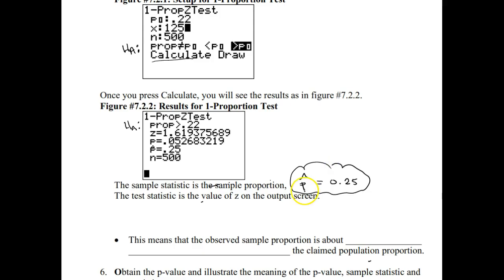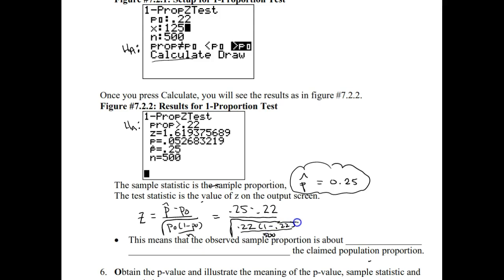And then the standardized test statistic, the z-score: if we actually computed p hat minus p0 over the square root of p0 times 1 minus p0 over n, we would get 0.25 minus 0.22 in the numerator, and in the denominator the square root of the quantity 0.22 times 1 minus 0.22 all over 500.